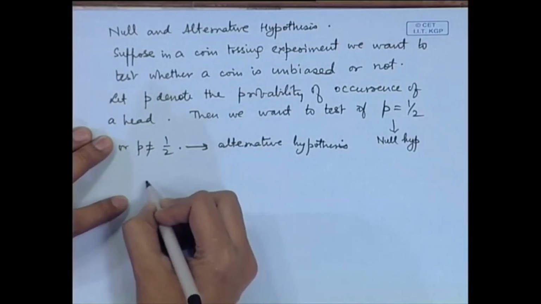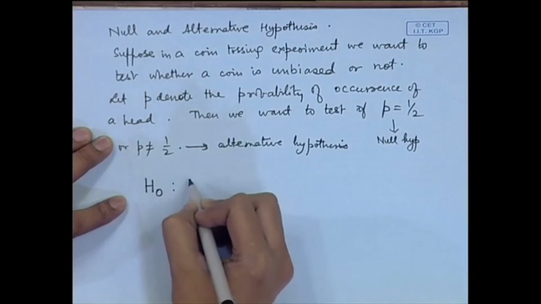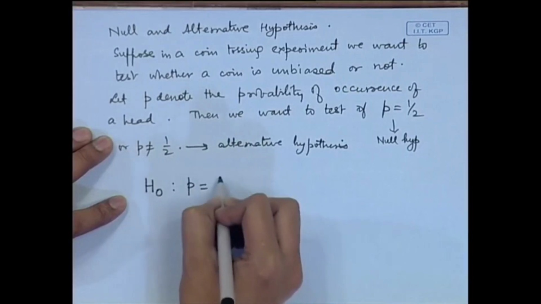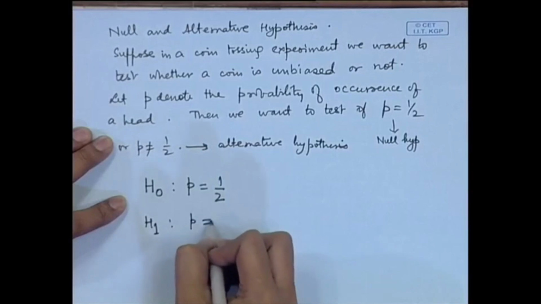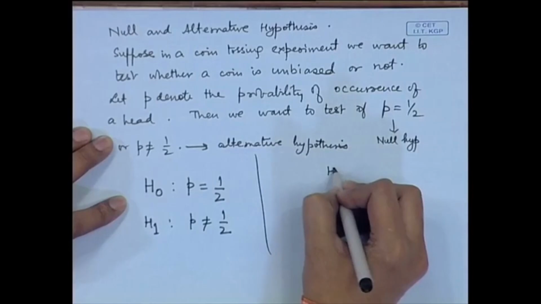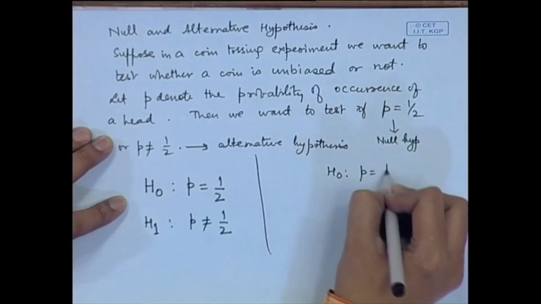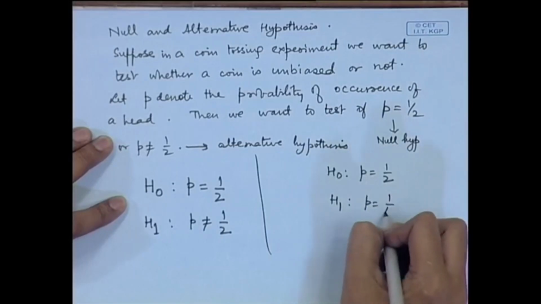So, we usually use the notation H naught for the null hypothesis. We say H naught: p is equal to half, against H 1: p is not equal to half. It could also be like H naught: p is equal to 1 by 2 versus H 1: p is equal to say 1 by 4.